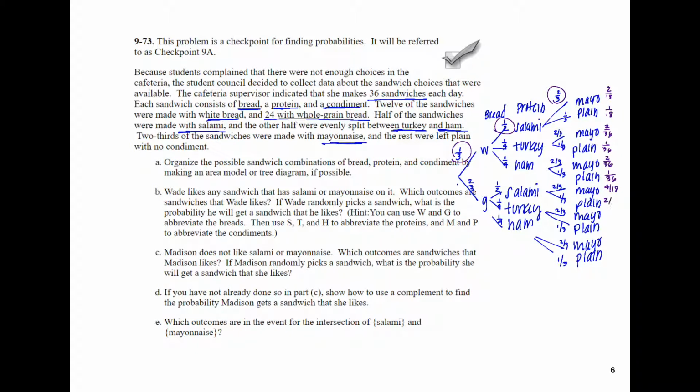Plain would be 2 out of 18. Remember, you're multiplying straight across, numerators and denominators. And we just completed our tree diagram.